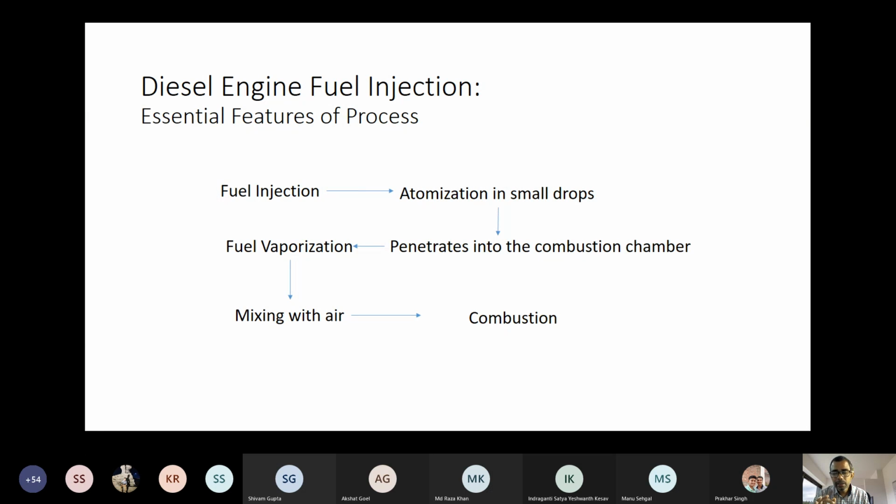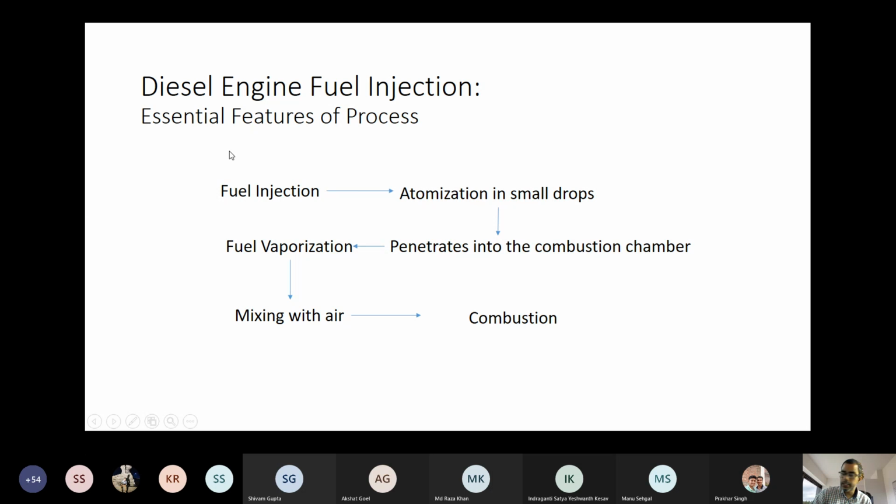Controlling the pollutants from a diesel engine is much more difficult than from an SI engine. Why? We will discuss that in the emissions part, but here I'm just making this statement. So the fuel injection system is going to be very important.